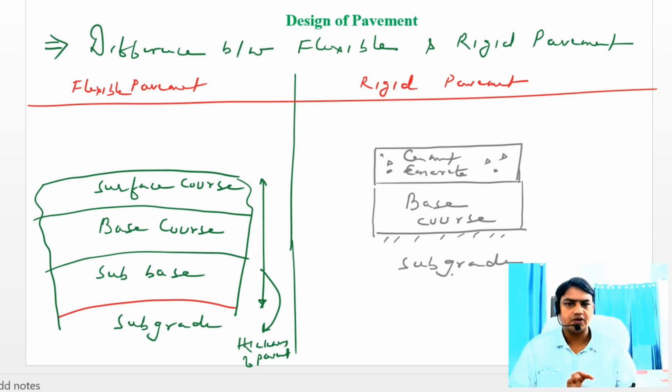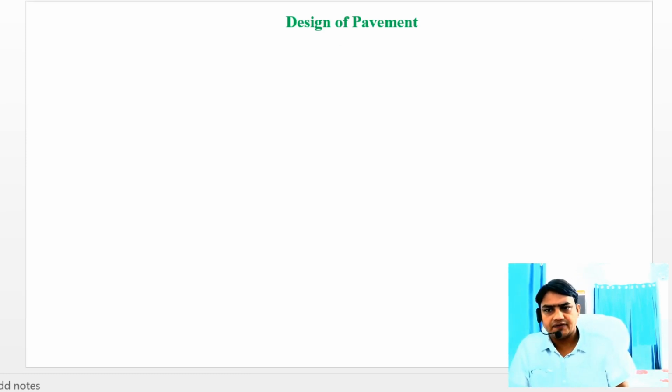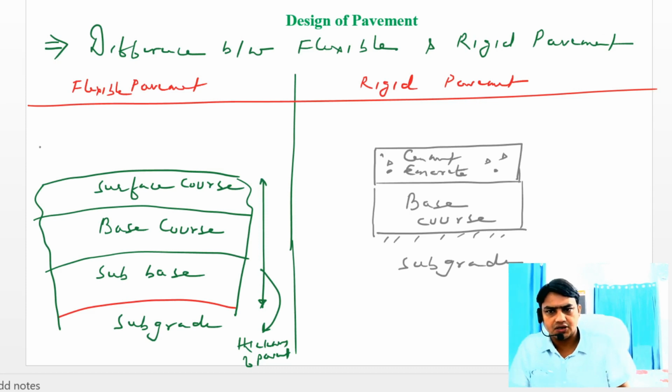So this is the layout of the flexible and rigid pavement. What is another difference? So the first difference I told, this is the first difference.